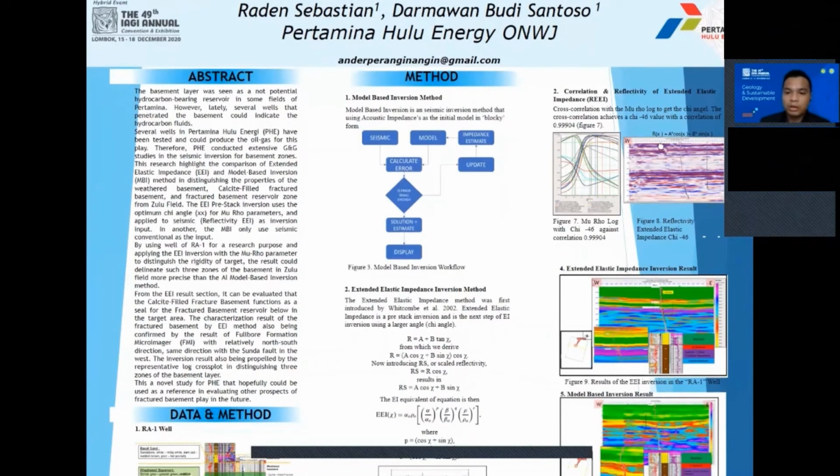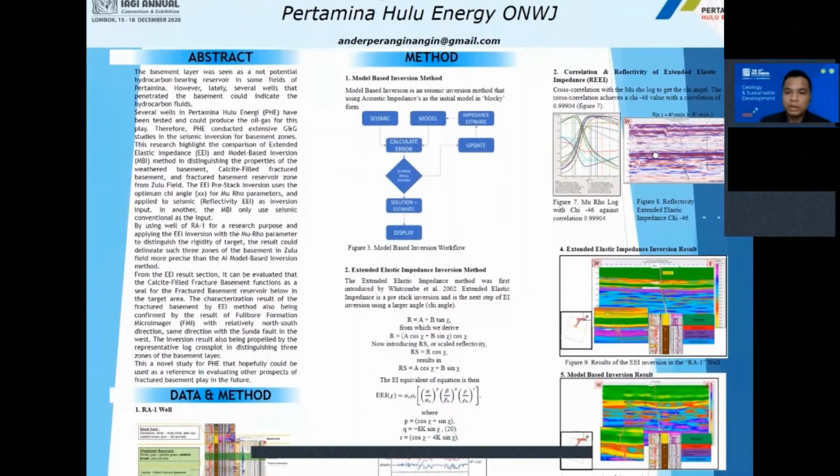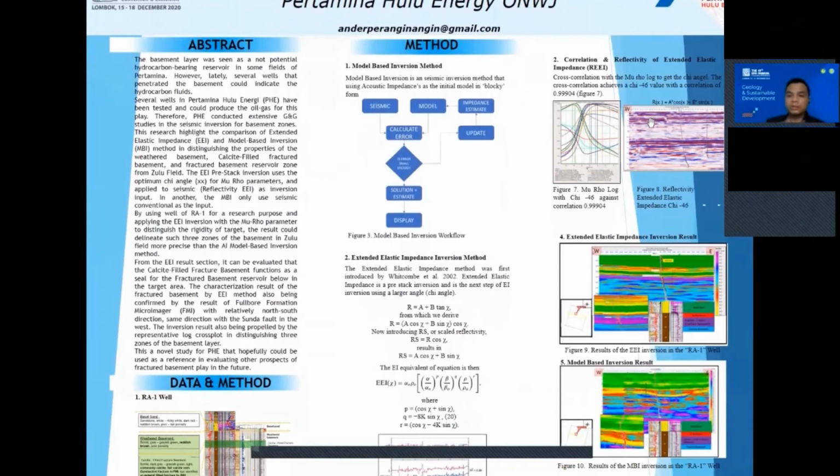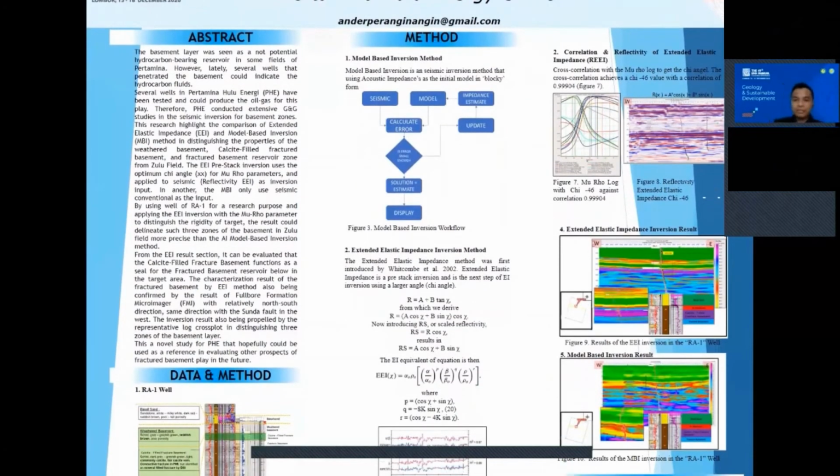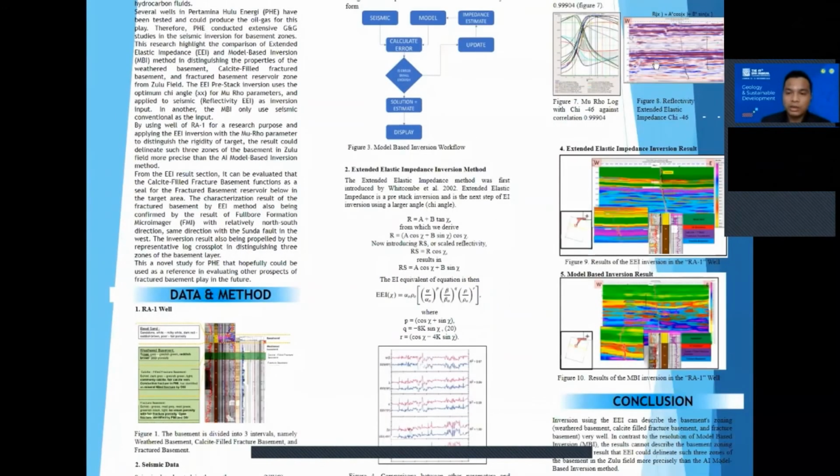With this we can generate the reflectivity extended elastic impedance. And this is the result of inversion. When we perform the inversion on this reflectivity extended elastic impedance, this is the result.